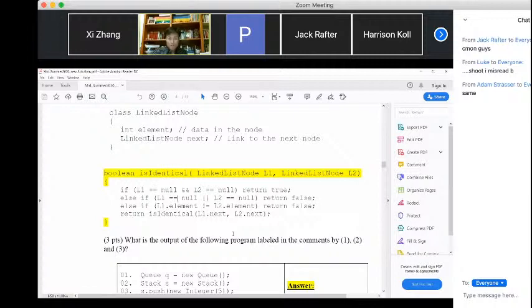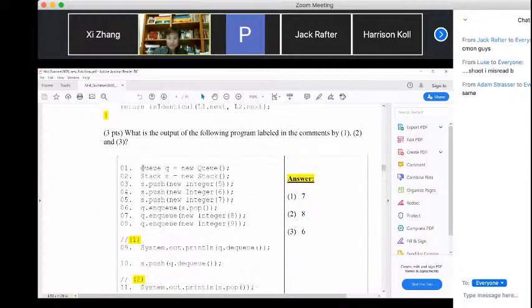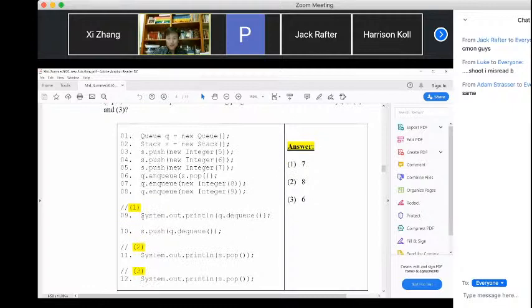Then I will fix the error. And this problem is, I think, tedious, so I will not go through it. But if you just follow the lines of the code given here, and see what will be the output from the System.out method, you will find 786.